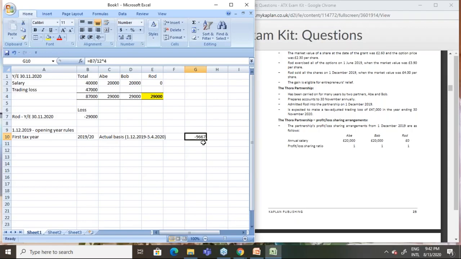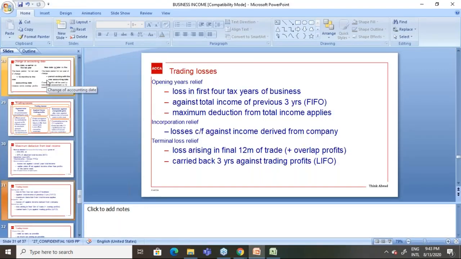Okay, right. Then the next tax year, second tax year. That is 2020-21. What is the basis that we are using? For that, we have to apply those special rules.